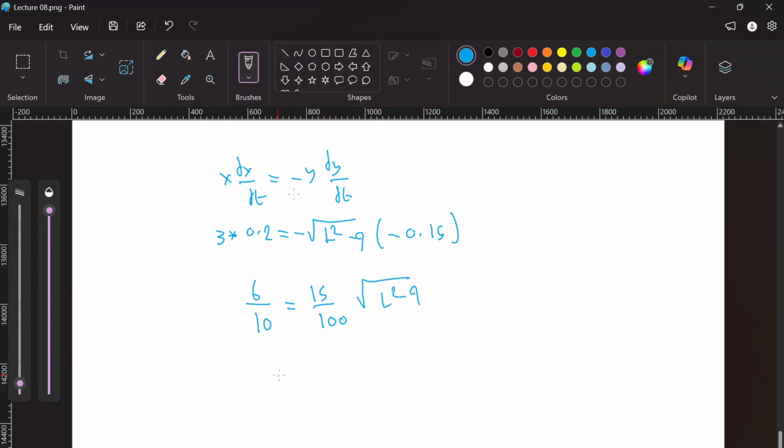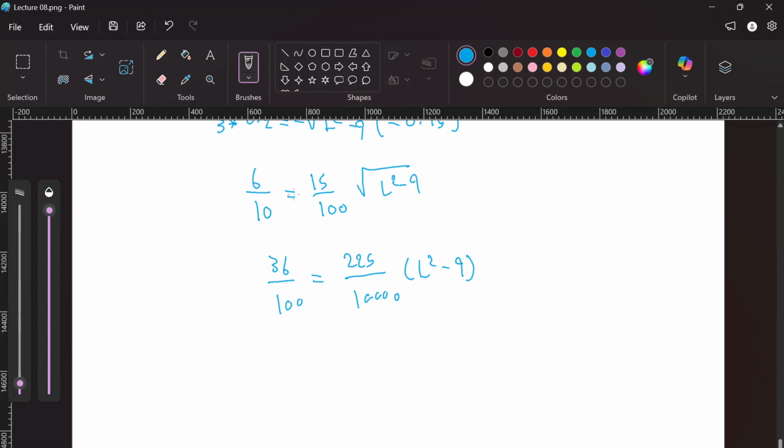Square both sides, you get 36 over 100 equals 15 squared, which is 225 over 10,000, times L squared minus 9.